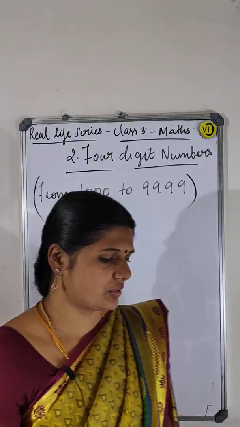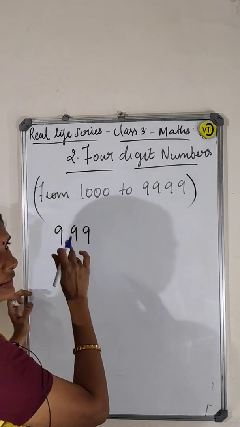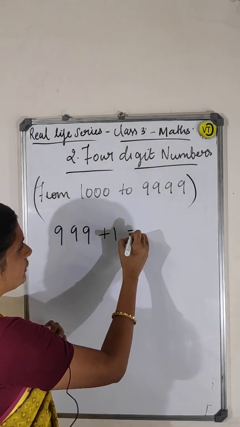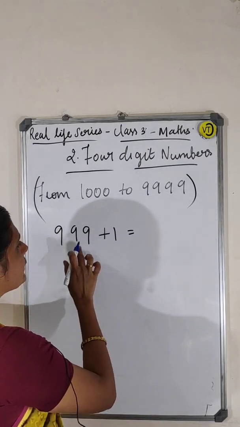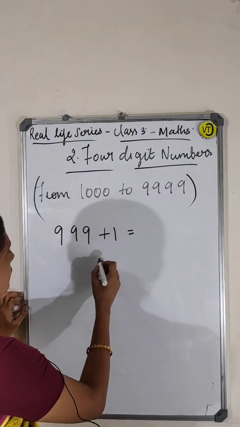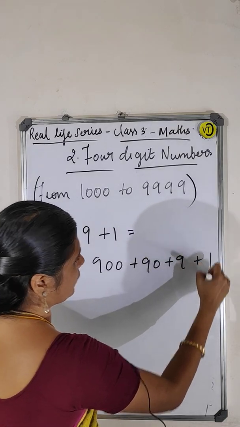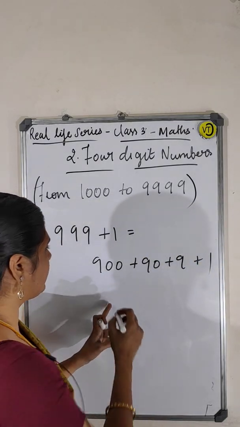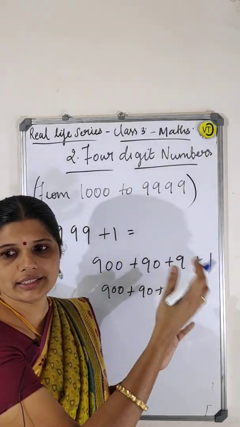So how can we get it? 999 plus 1. How can I write 999 in expanded form? 900 plus 90 plus 9 plus 1. 9 plus 1 is 10.